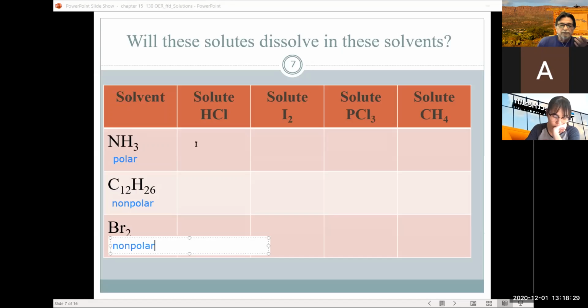So to answer the questions here, we have to find the polarity of all the chemicals involved. HCl. What can we say about HCl with respect to polarity? You have a 50-50 chance here, either polar or nonpolar. What do we know about the hydrogen chloride bond? Is that a polar bond or a nonpolar bond?